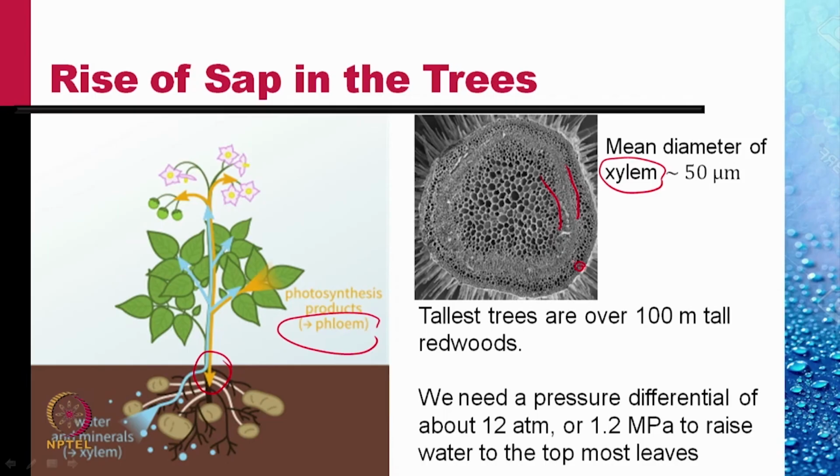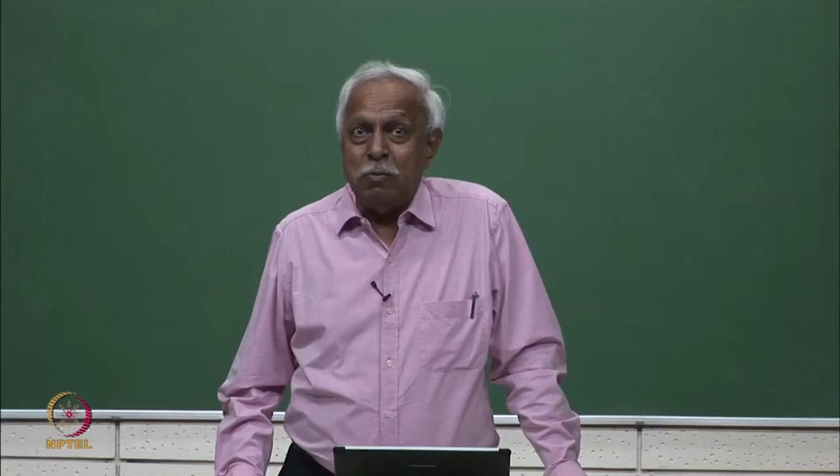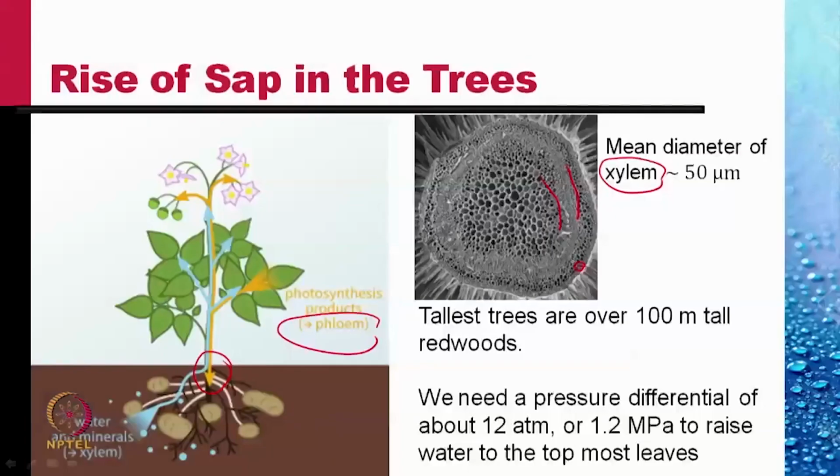In fact, it is argued that this downward flow of the product of photosynthesis also helps in raising the water up, because it creates a kind of vacuum up there when the water flows down. But you remember that even an absolute vacuum produces only about 10 meters of water rise in a barometric tube.